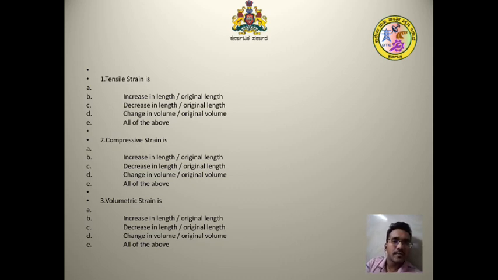Third question, volumetric strain is: option A, increase in length by original length; option B, decrease in length by original length; option C, change in volume by original volume; option D, all of the above. For the third question, the answer is C, change in volume by the original volume.